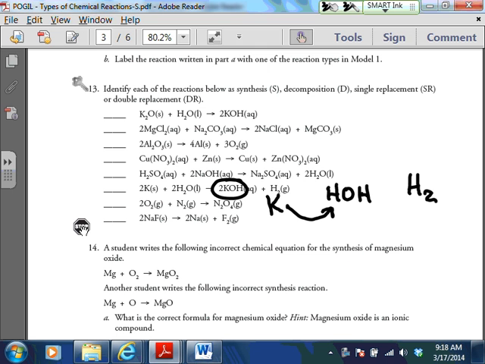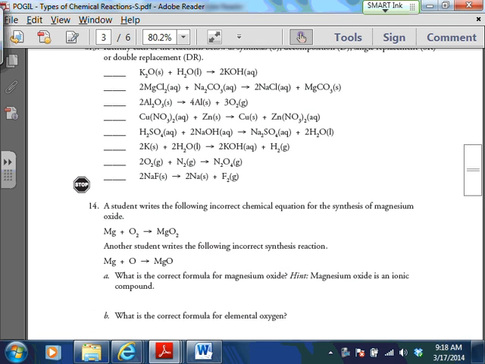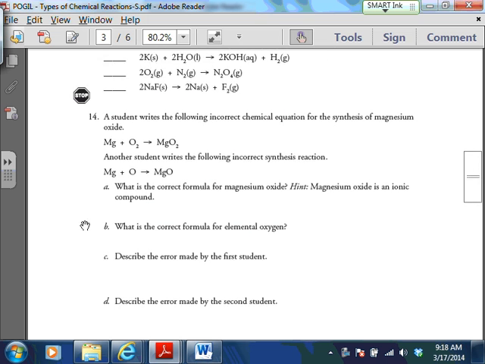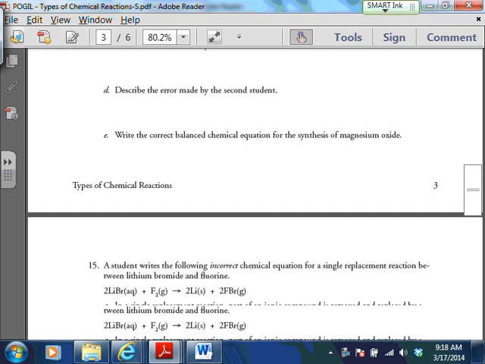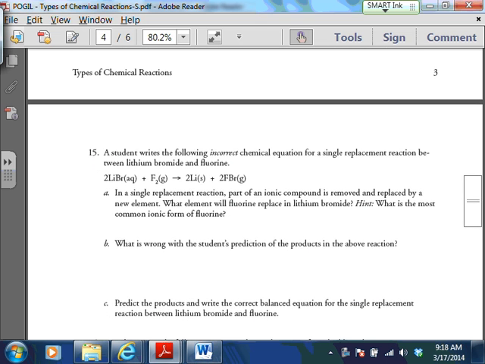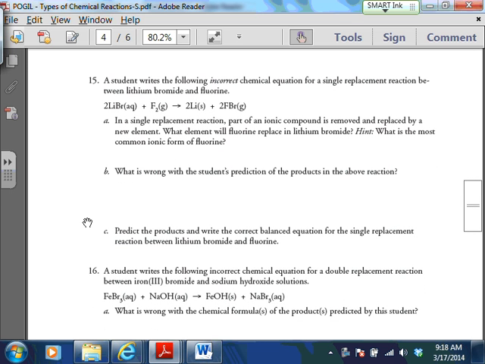Okay, so that one is also a single replacement. Those are the only ones on that list that are single replacement. This one we already answered. That was a synthesis. Okay, number 15. Student writes the following incorrect chemical equation for a single replacement.